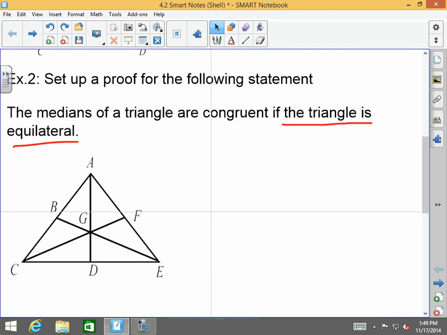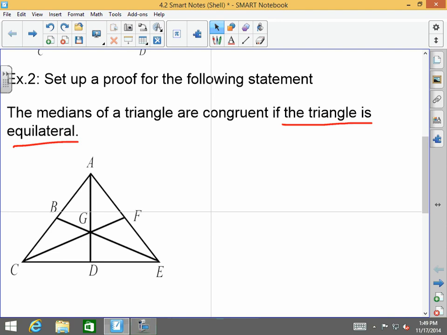And the given here is that this triangle ACE is equilateral. And also, what's given is that AD, CF, and BE are medians.